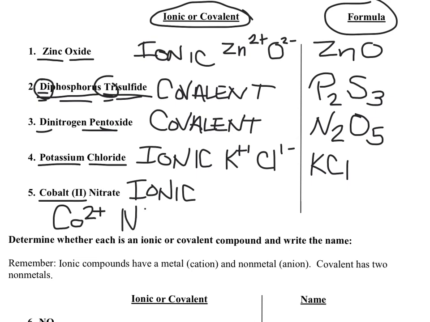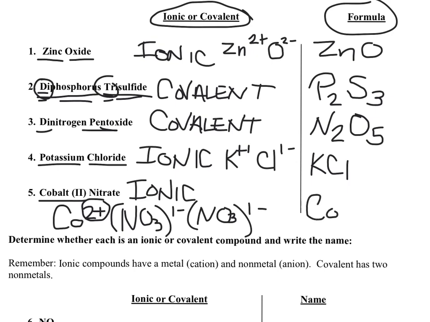If I look at nitrate on my ion sheet, I'll see that nitrate is NO3 and has a -1 charge overall. So if cobalt has a +2, I'm going to need 2 whole nitrate ions in order to cancel out the cobalt. So I'm going to write 1 cobalt and then I'm going to put nitrate. Notice the NO3 never changes, it just stays in parentheses, and I'm going to put 2 of them to cancel out the cobalt.